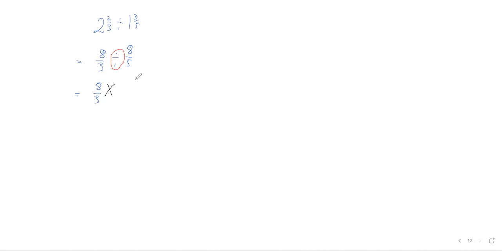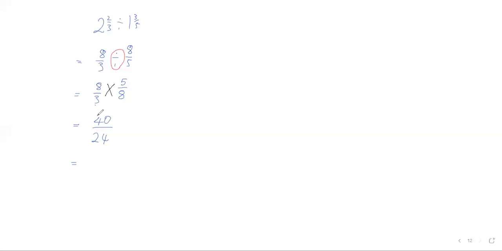It becomes a multiplication sign, and this changes: the 5 goes up, and the 8 goes down. That becomes 8 times 5 is 40, 3 times 8 is 24.